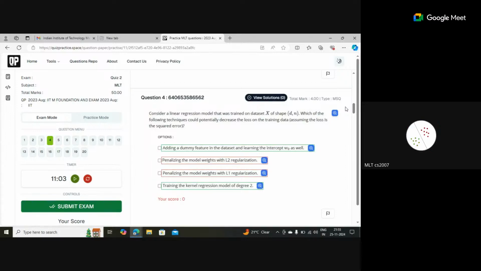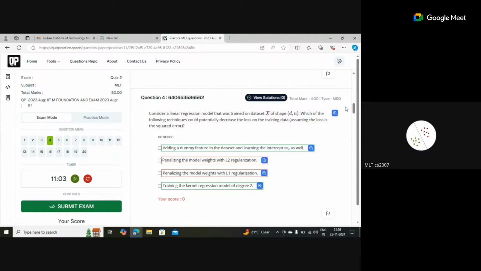That is the first one. I'm not a little sure. And we also use ridge regression and lasso, so why are options B and C wrong? I think it's talking about the training data set. That's why it might be wrong.